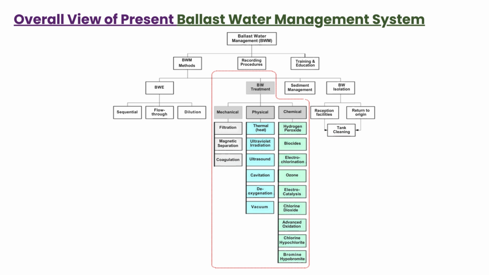Next, in case we are unable to use the ballast water treatment plant, how are we going to isolate it, or how can we send it to the reception facilities ashore, and the quality of tank cleaning which needs to be carried out. The complete overview is there, but in this video we are only covering the ballast water treatment, the filtration part, and the rest will be covered in the next video.